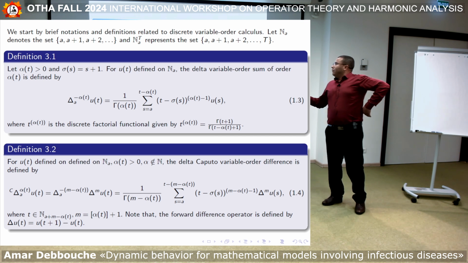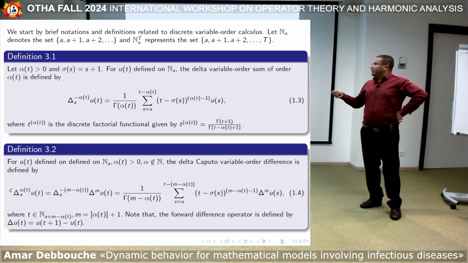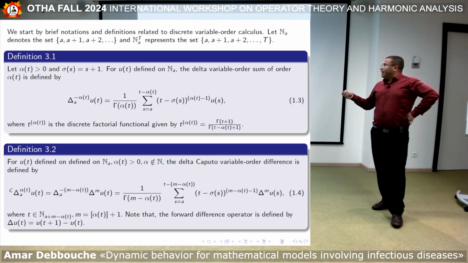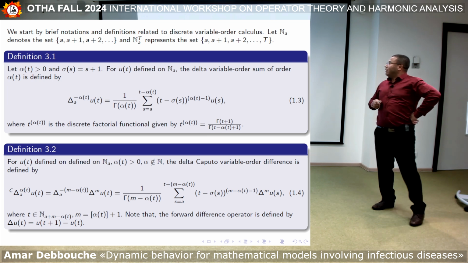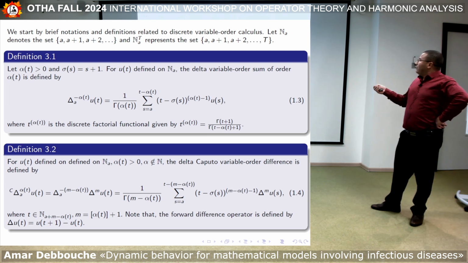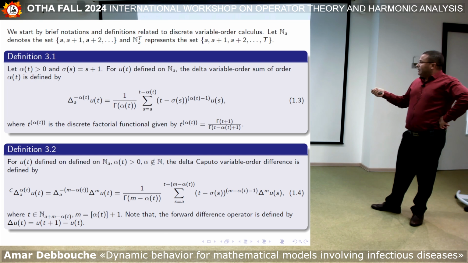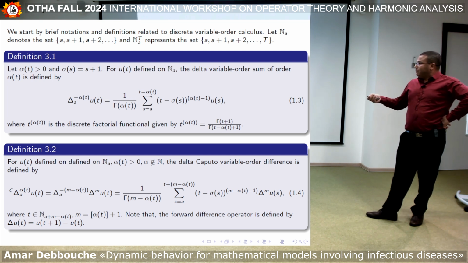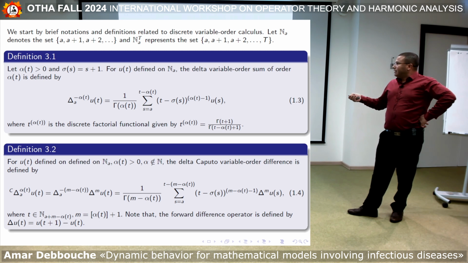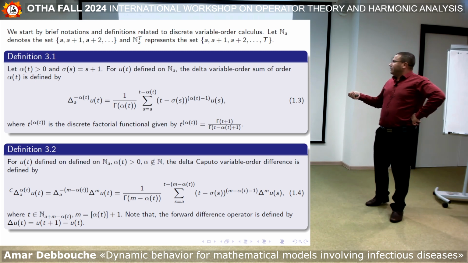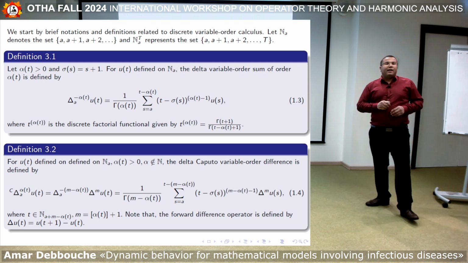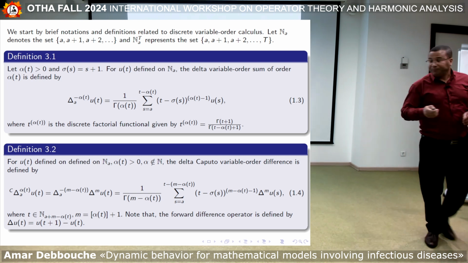Okay, so let alpha of t be positive, and rename s plus 1 as sigma of s. So the delta variable order sum is given in this form, such that this part is the discrete factorial function, which is given with this expression.